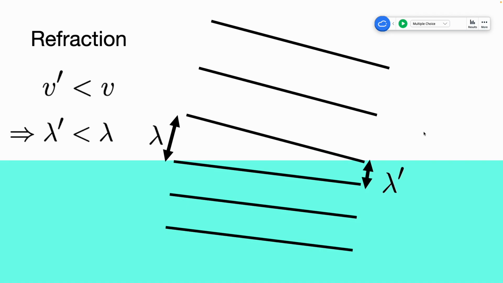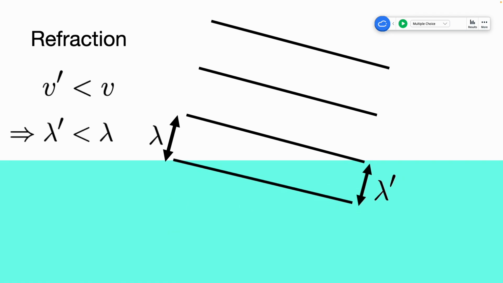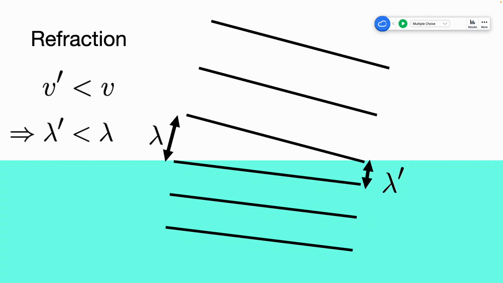Any question? Let's look at this again. Because the wavelength should be shorter, the direction must change. Okay? Any question? All right. So we see that the direction will change. Instead of going this way, it gets a bit closer to the dotted line. Again, we use this dotted line perpendicular to the surface to describe how refraction works.